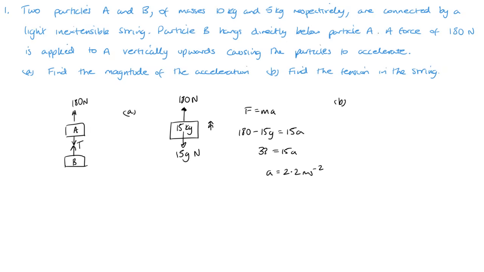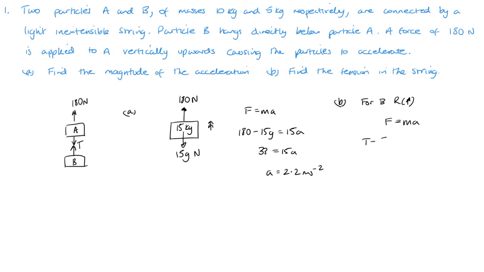Now, part B, find the tension. So I'm going to consider B this time. I'm going to resolve vertically. So that means I've got T minus, and what was B?